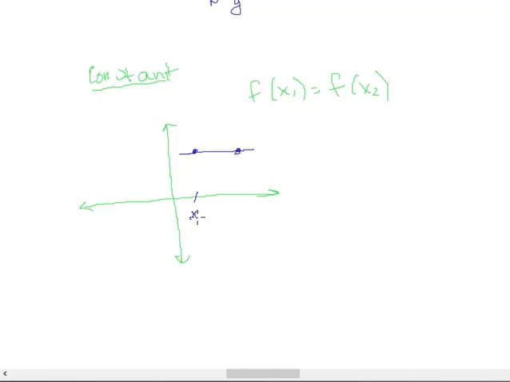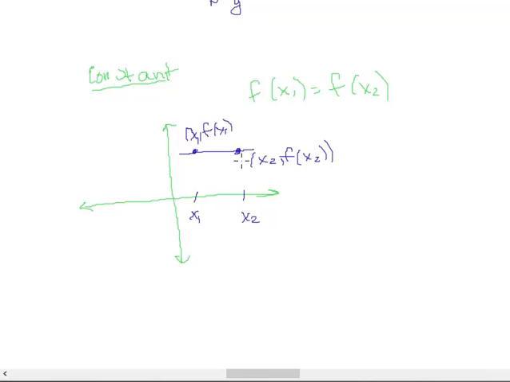So if this is x1 and this is x2, then this would be f of x1, and this would be f of x2. They would be the same value, which is why it's equal. So when a function is constant, we just see that flat straight line.